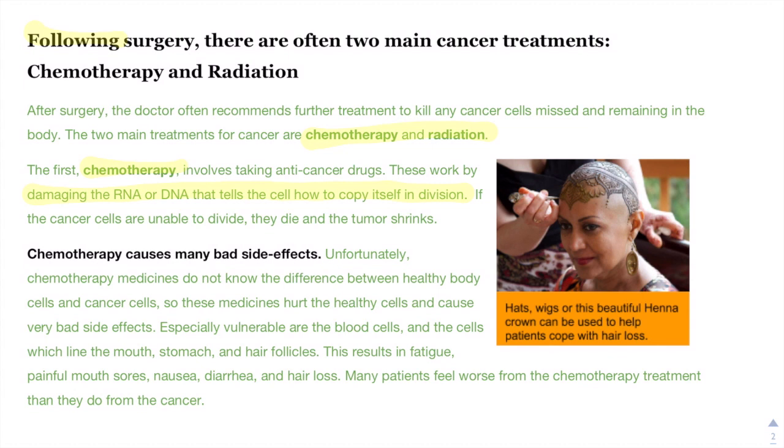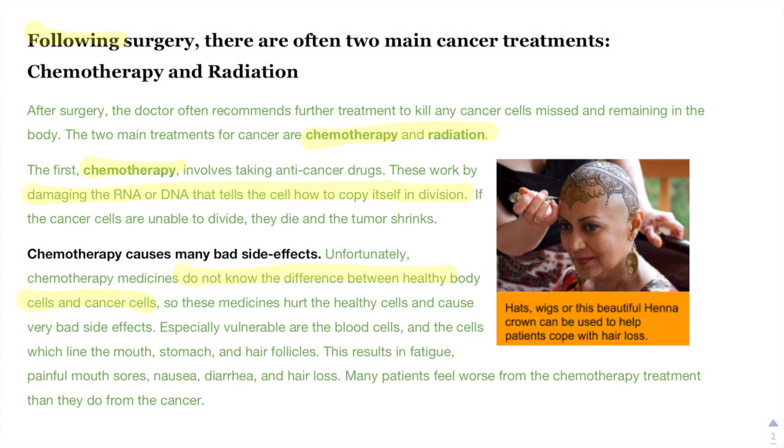Chemotherapy causes many bad side effects. Unfortunately, chemotherapy medicines do not know the difference between healthy body cells and cancer cells. So these medicines hurt the healthy cells and cause very bad side effects. Especially vulnerable are the blood cells and the cells which line the mouth, stomach, and hair follicles.